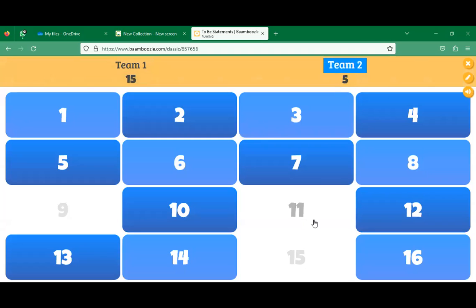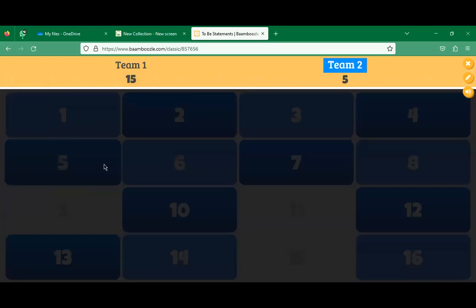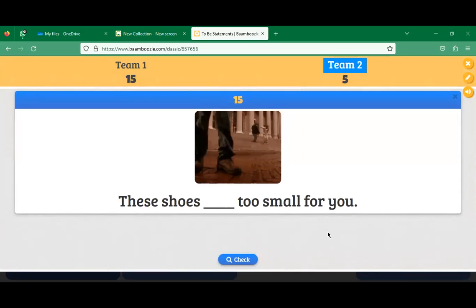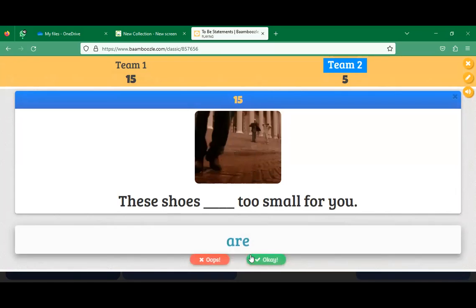All right. 10 points less. Next one. 5. Good. What about here? Are. Are too small.